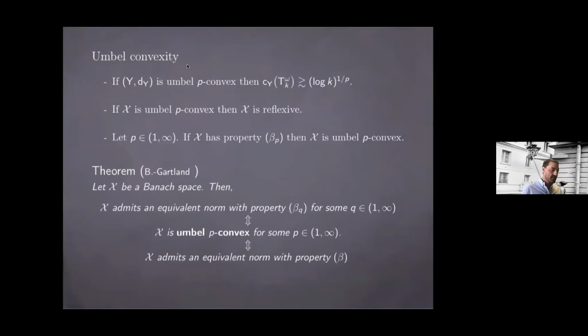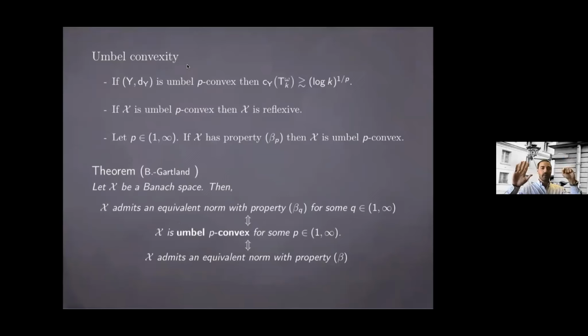So Kalton gave examples of two Banach spaces, X and Y, where one has an equivalent norm with beta p, and the other one does not. And these two spaces are uniformly homeomorphic. Okay, there are two uniformly homeomorphic Banach spaces, one with beta p, the other one with no equivalent norm with beta p.